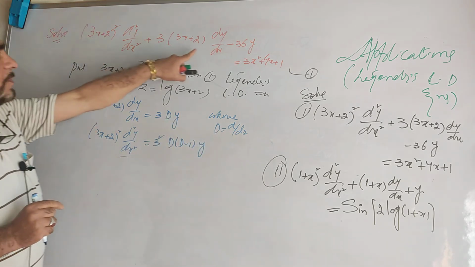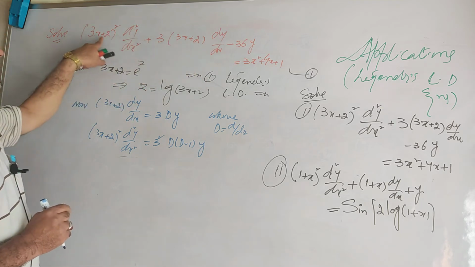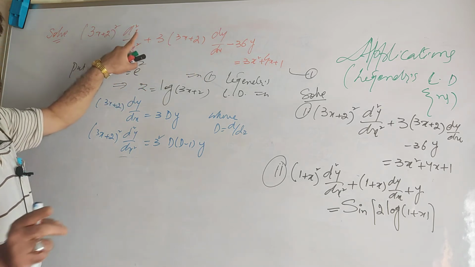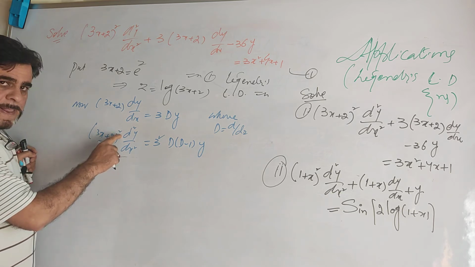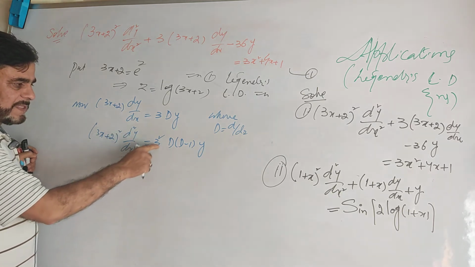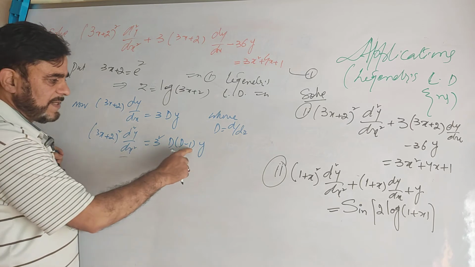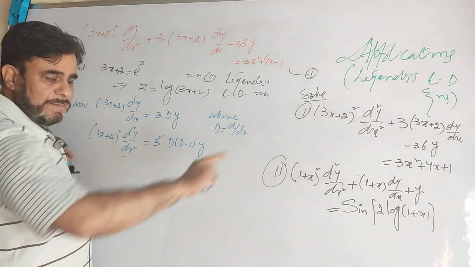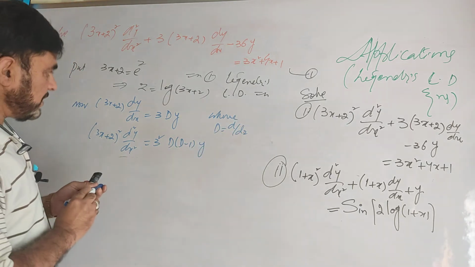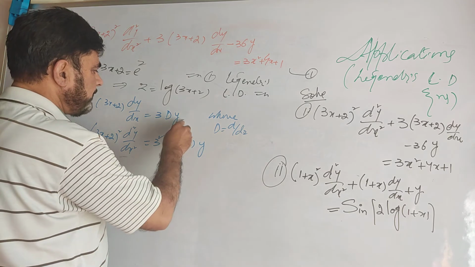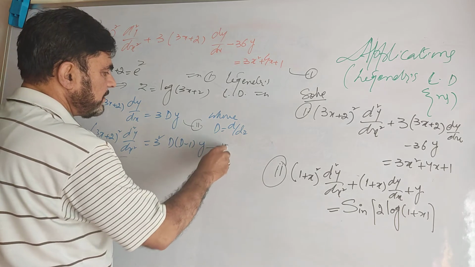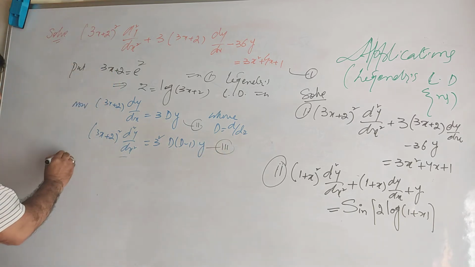If it would be a cube term, 3x plus 2 cubed d3y by dx cube, then you would write 3 cube D(D minus 1)(D minus 2)y, but we don't have that here. We will use this second and first. I will name it second. This is third.